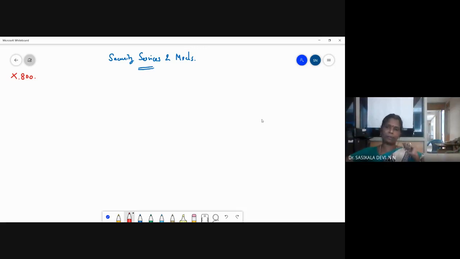For example, you have cloud storage and you want to store data in the cloud in a secure manner. You can take the data, encrypt it using the DES algorithm, and upload it onto the Google cloud storage. So what is the service here? Secure cloud storage is a service. What is the mechanism here? DES is a mechanism.